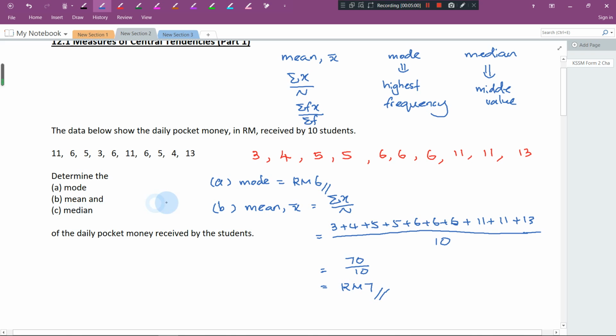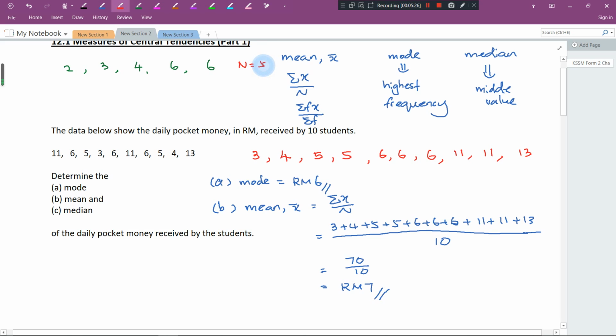Next, go to median. Median is the middle value. Let me give you an example. I have 2, 3, 4, 6, 6. Now 1, 2, 3, 4, 5, so n is equal to 5.